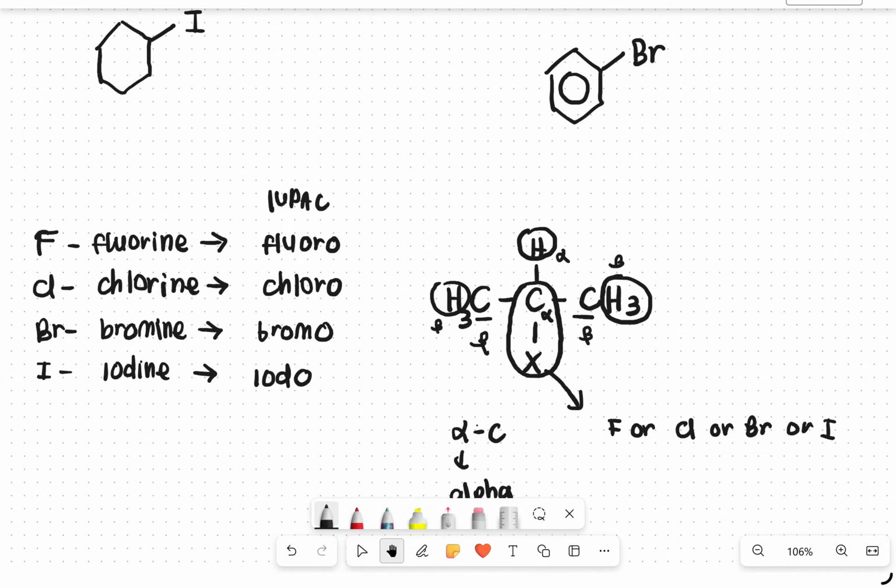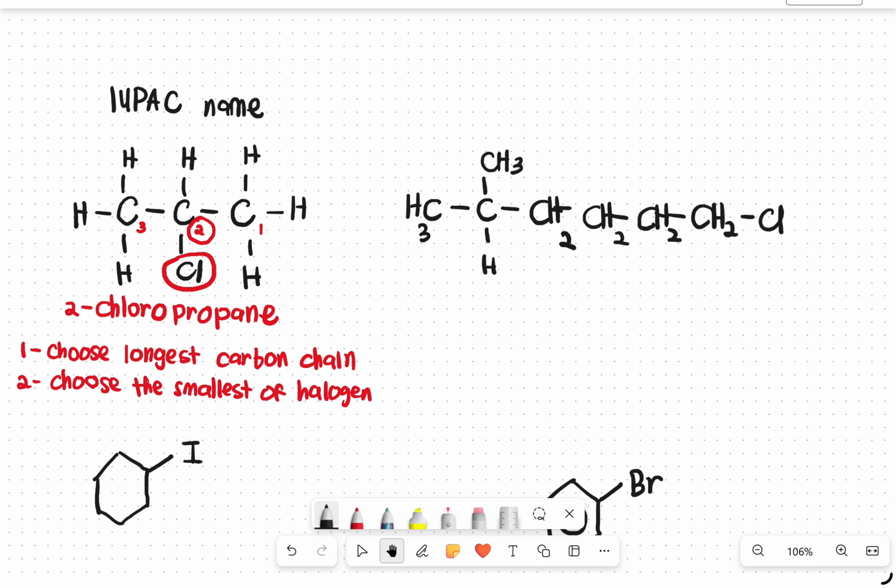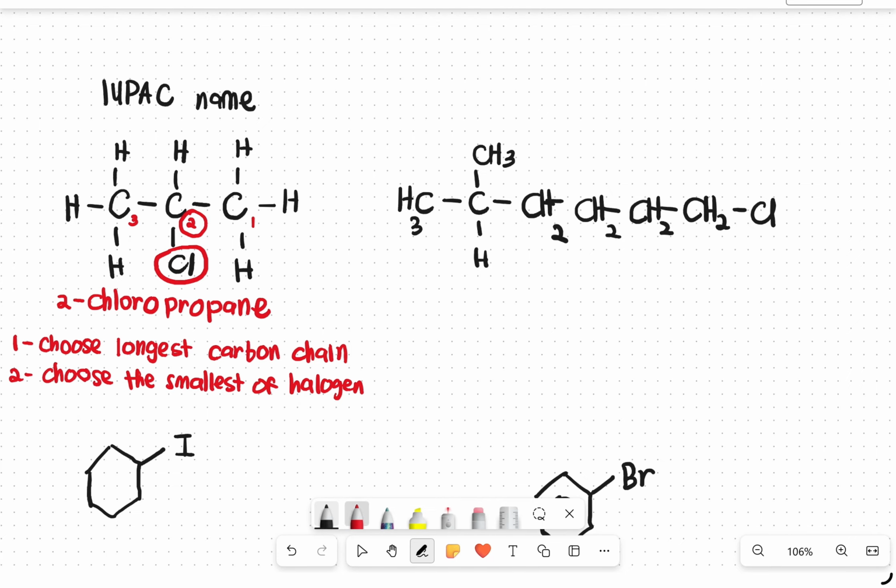Now again, moving on to the second structure. Again, choose the longest continuous carbon chain. If you start from left to right, let's say 1, 2, 3, 4, 5, 6. So the longest chain is 6 carbon.